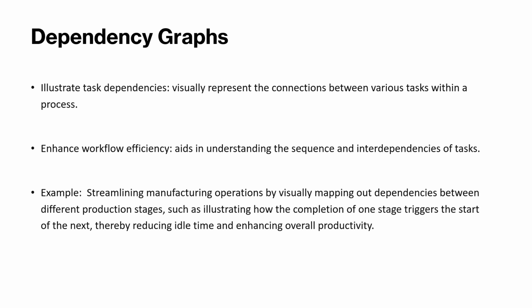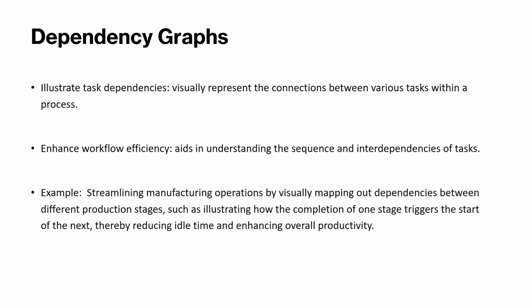The next slide is all about dependency graphs. The chapter also discusses dependency graphs, which illustrate the relationships between different tasks in a process. These graphs help identify dependencies and potential bottlenecks.